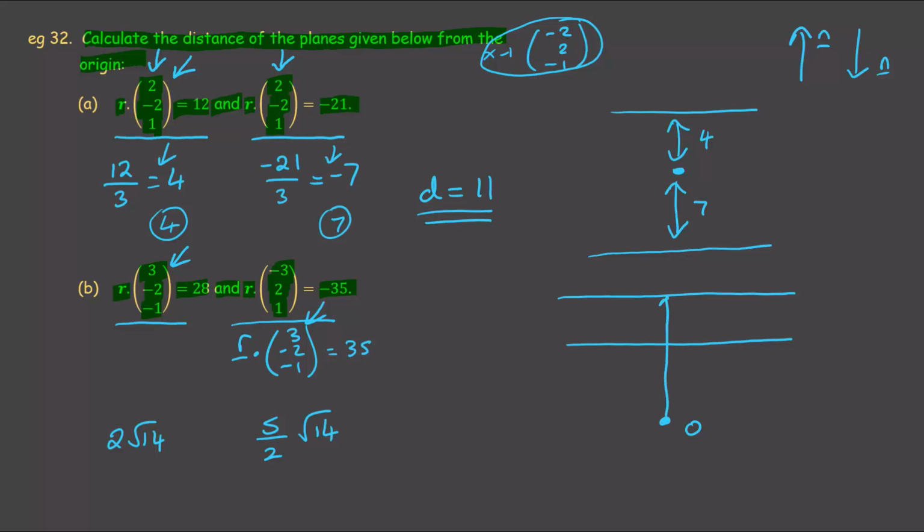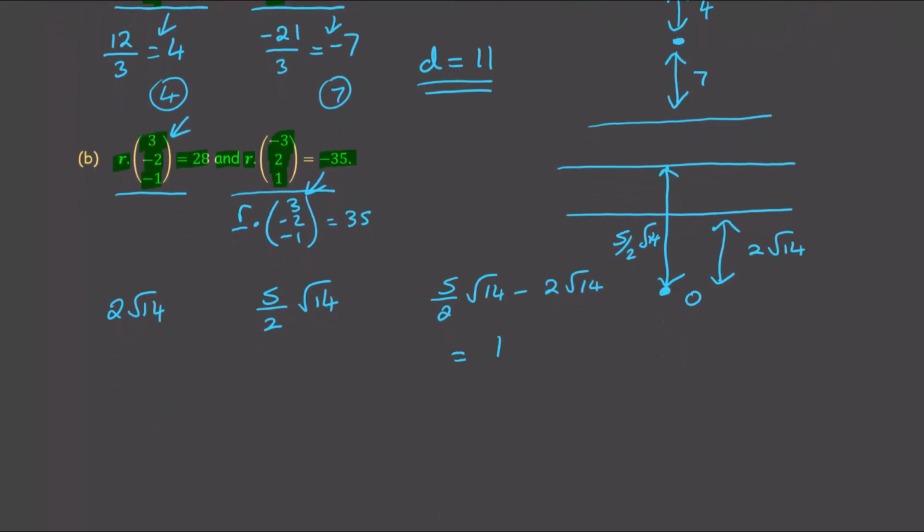So this distance here was the 5 over 2 root 14, and this distance here was the 2 root 14. And so the distance between the planes is just 5 over 2 root 14, take away 2 root 14, which ends up being a half root 14.